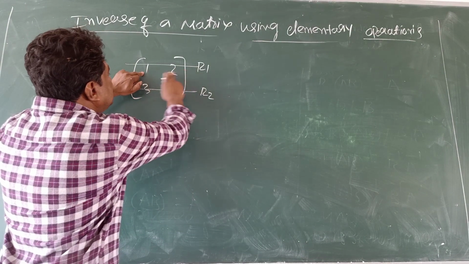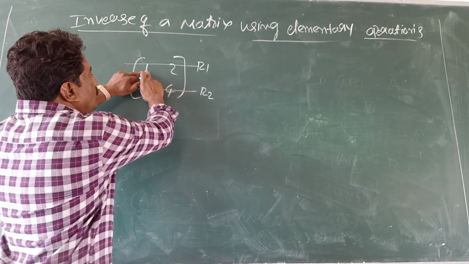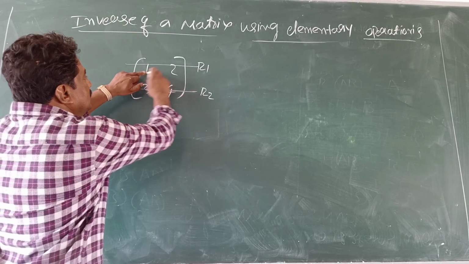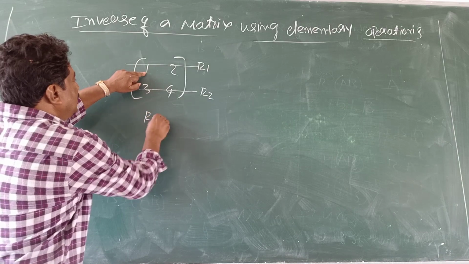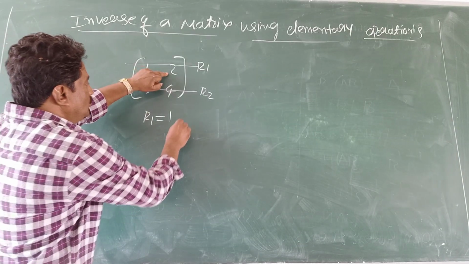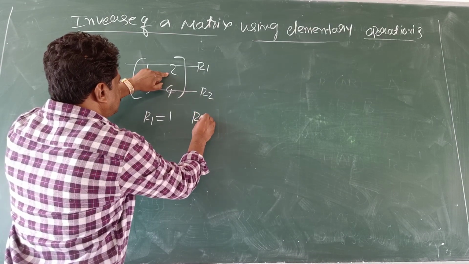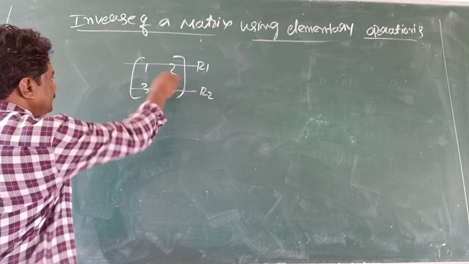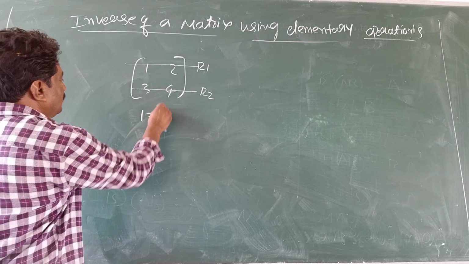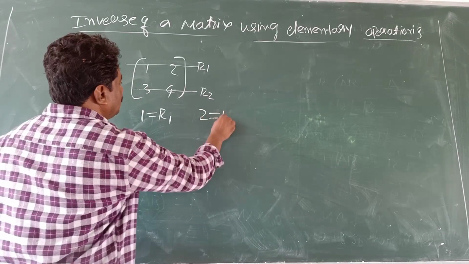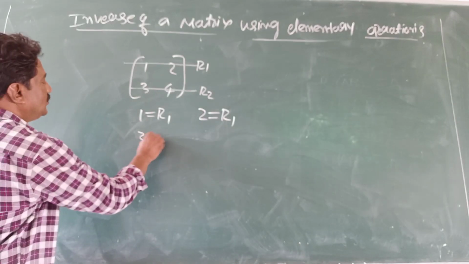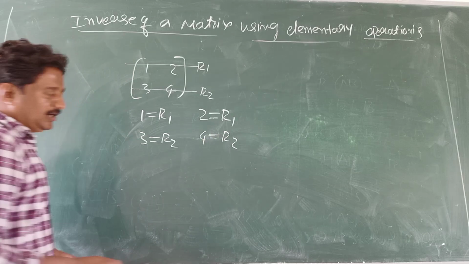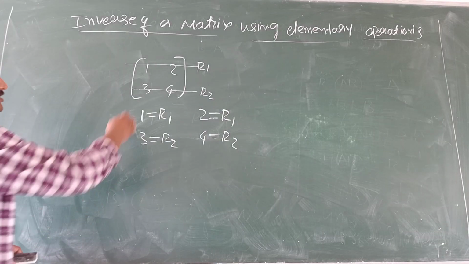The elements in R1 are called row 1 elements. 1 is an R1 element, 2 is also an R1 element. 3 is an R2 element, 4 is also an R2 element.